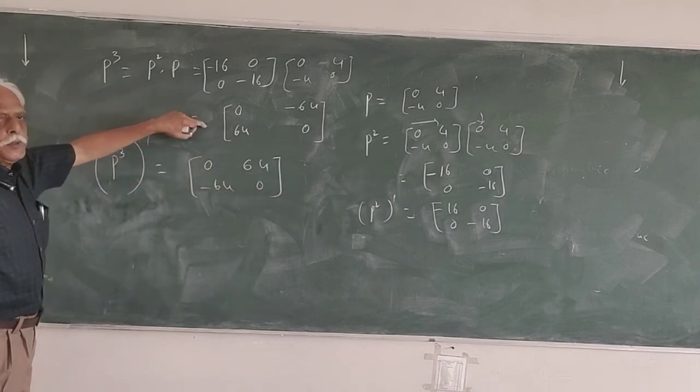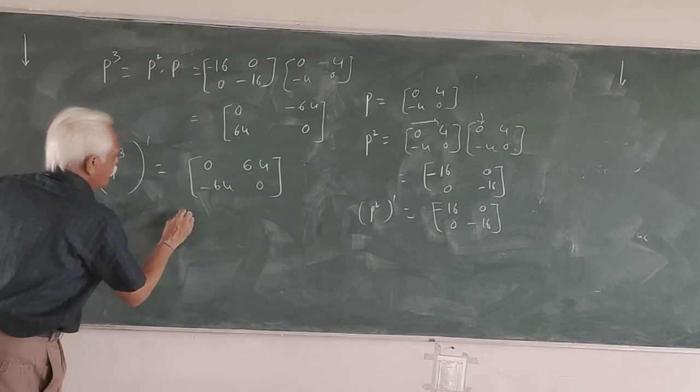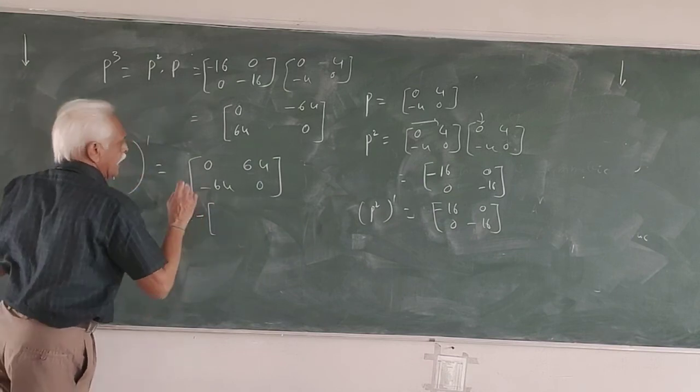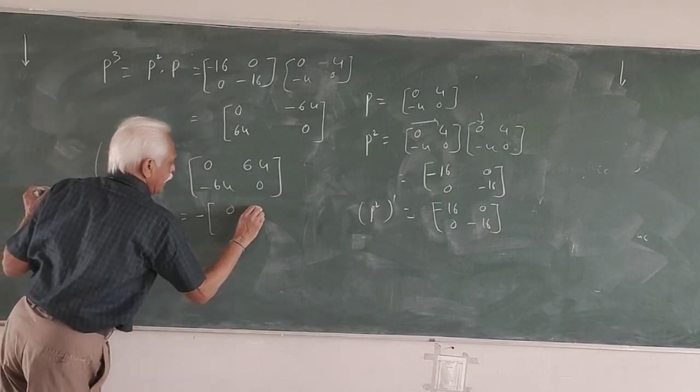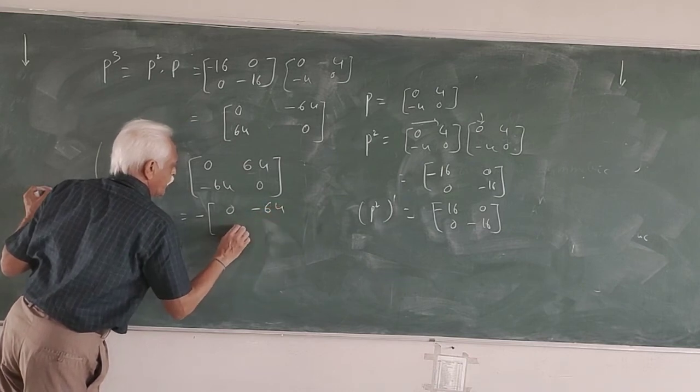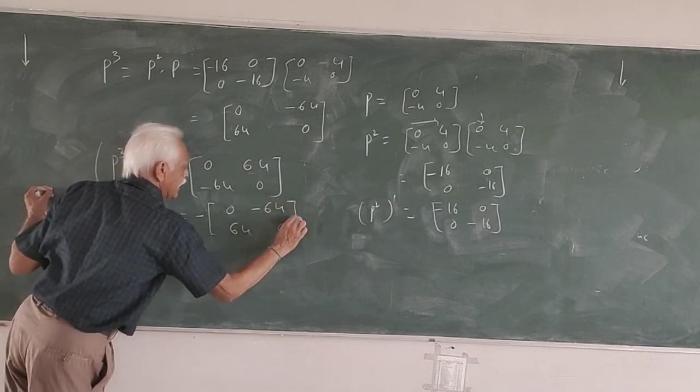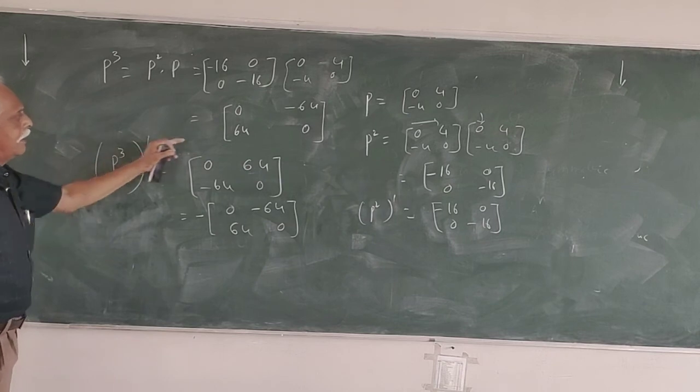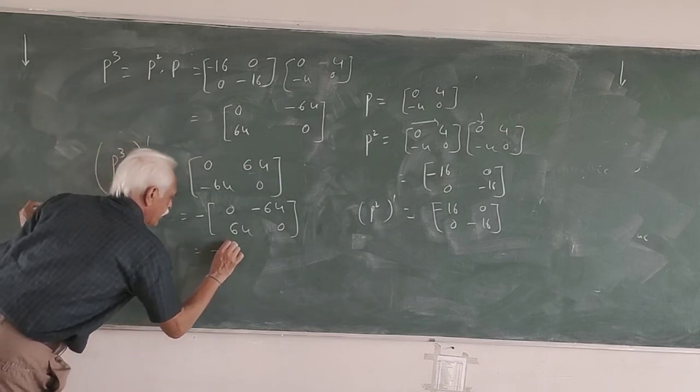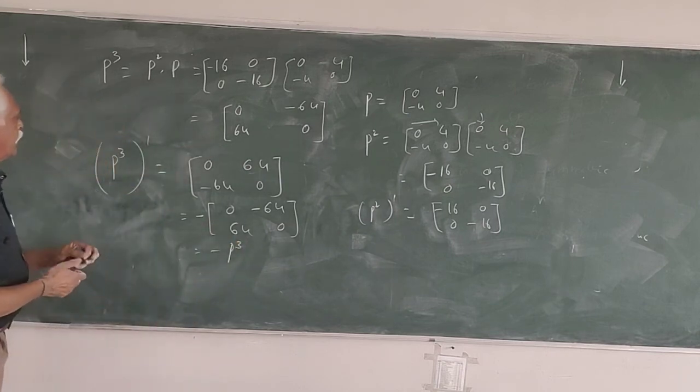If I take out minus common, I will be getting 0, minus 64, 64, 0. So this is nothing but minus P cube.